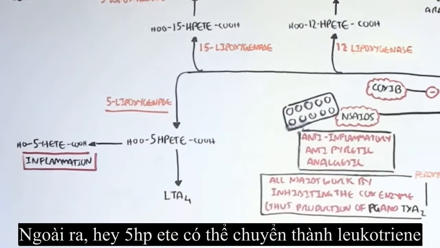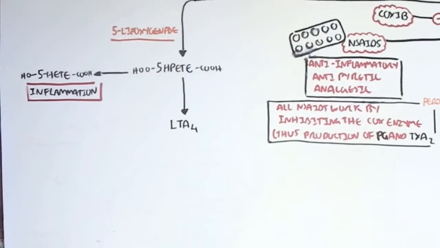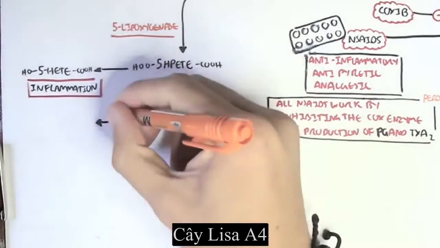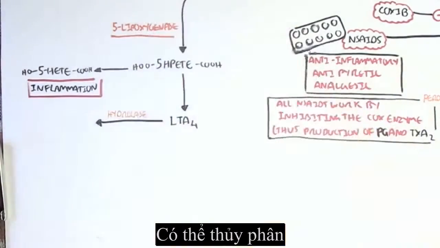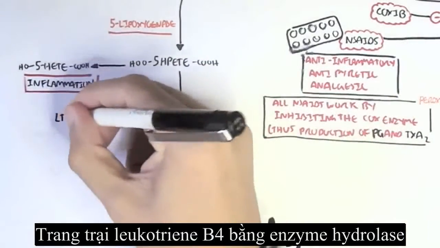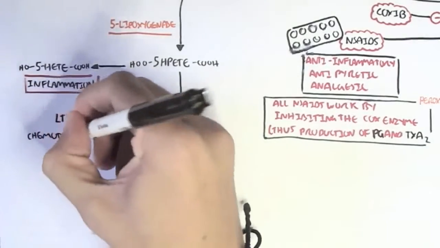Alternatively, 5-HPETE can convert to leukotriene A4. Leukotriene A4 can be hydrolyzed to form leukotriene B4 by the enzyme hydrolase. Leukotriene B4 acts as a chemotaxis agent in the inflammatory response.